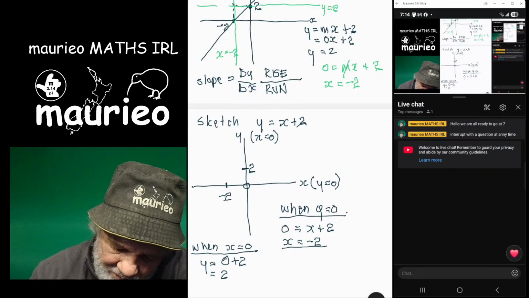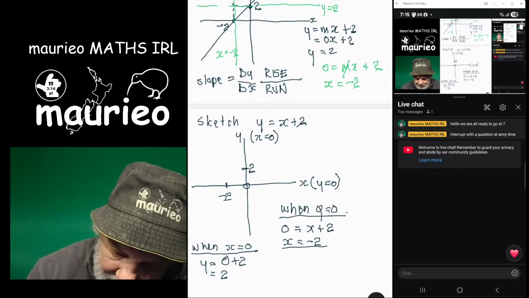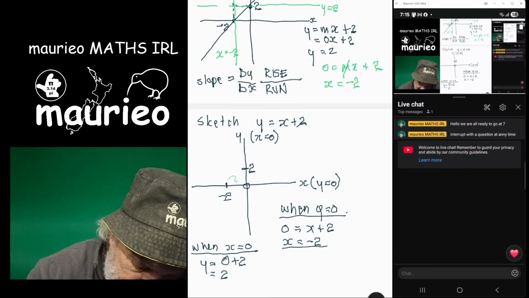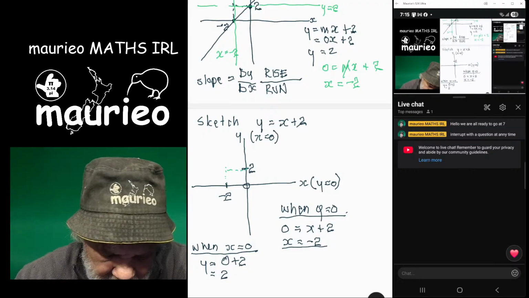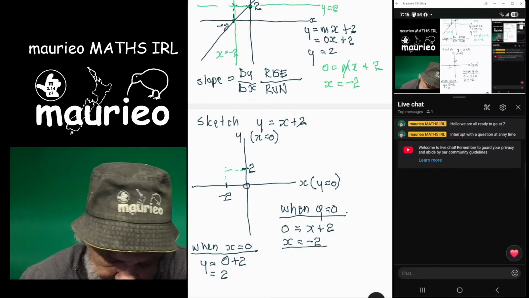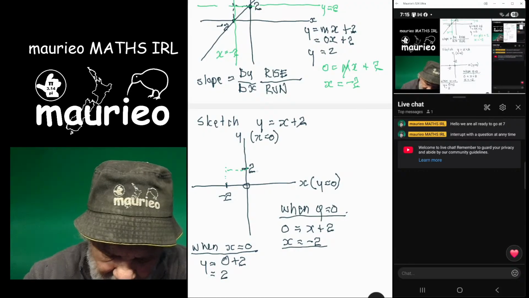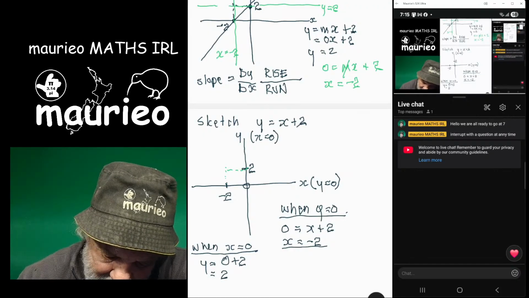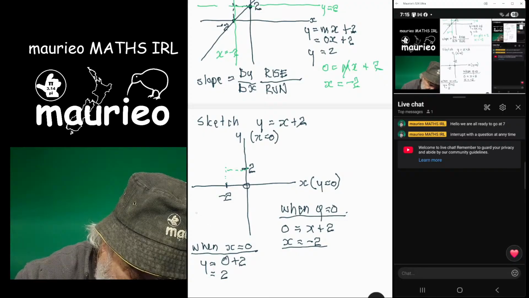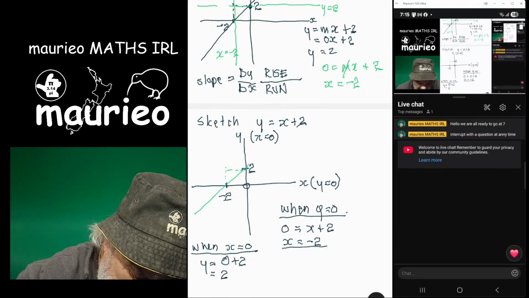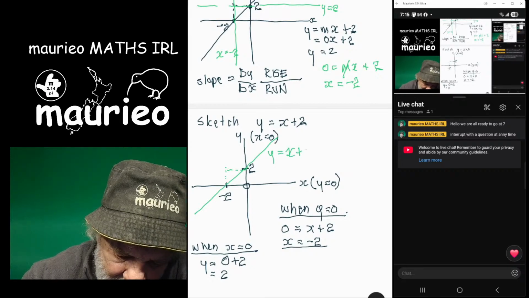And from down here we can see that if we go rise over run, that's going up, which is positive, and across left to right, which is positive. So we know that m is equal to 1, and so we can sketch our graph in, and we can say that's y equals x plus 2.